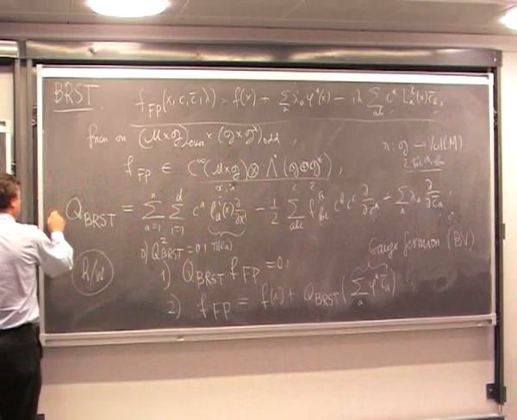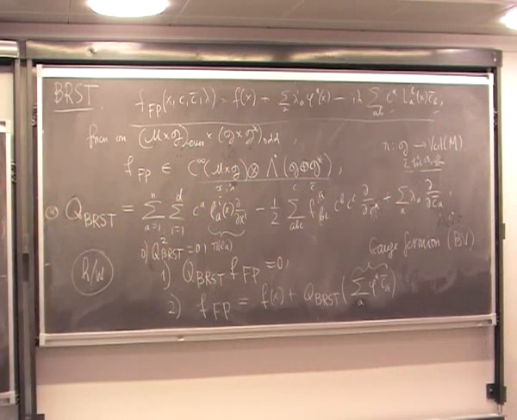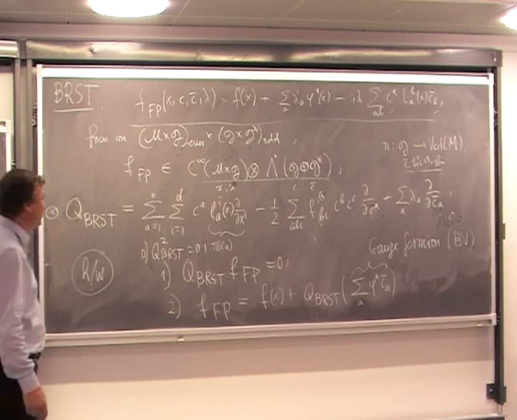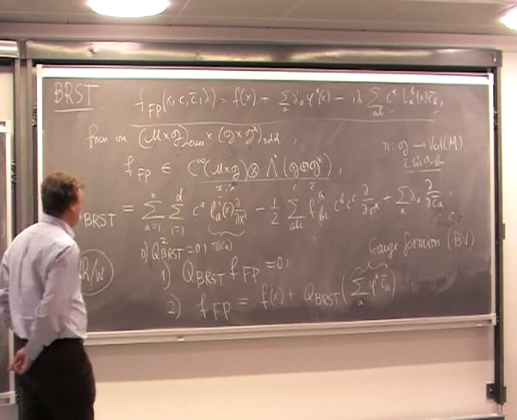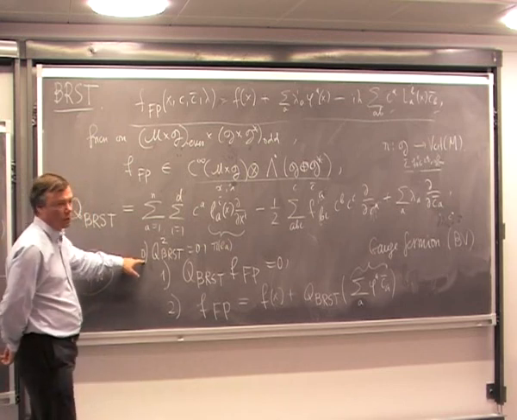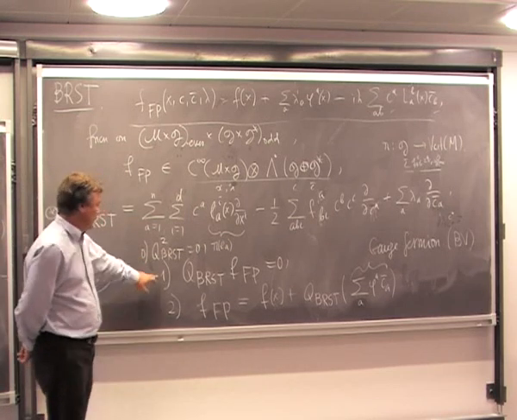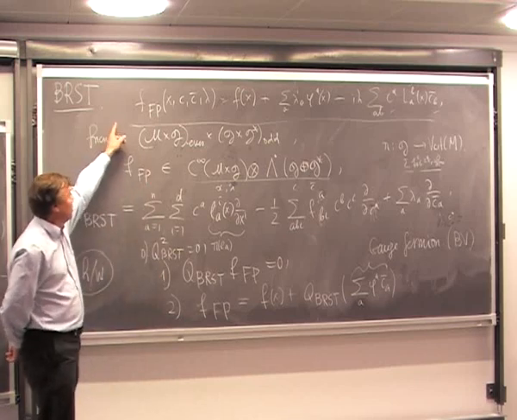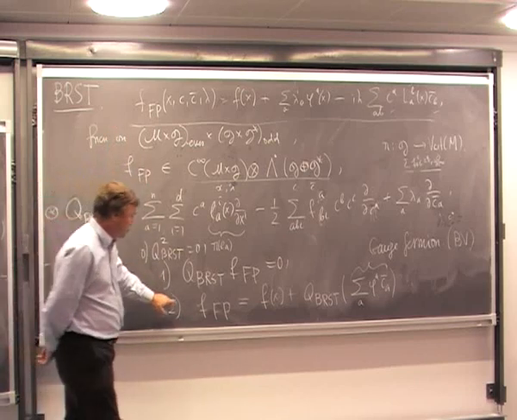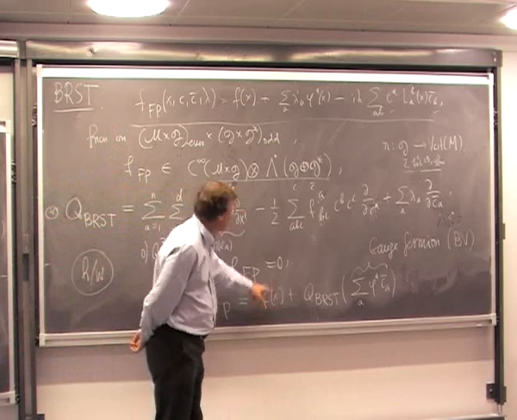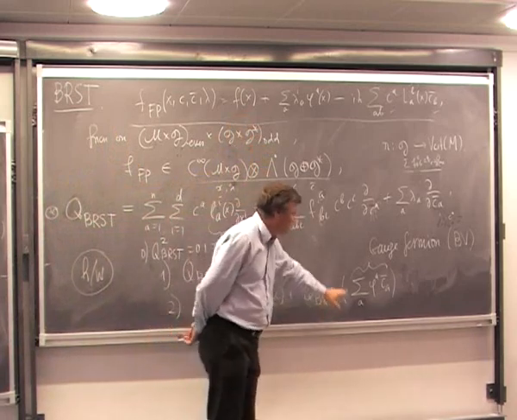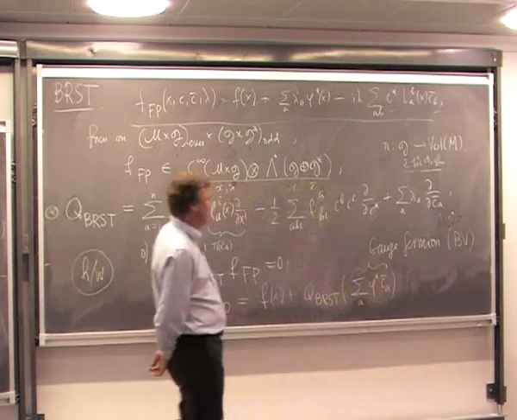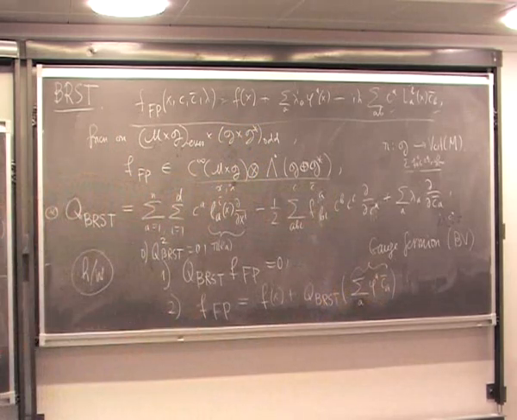So the first observation is that there is this odd operator acting on this supervector space with the property that its square is 0, so it's a differential. It annihilates this function, and this function can be represented as f, the initial function that we started with, plus Q of some element of this vector space.